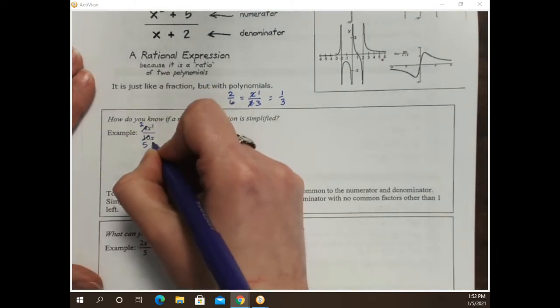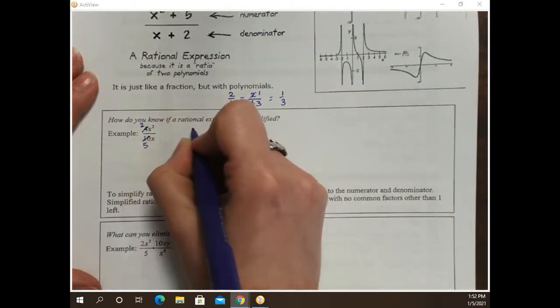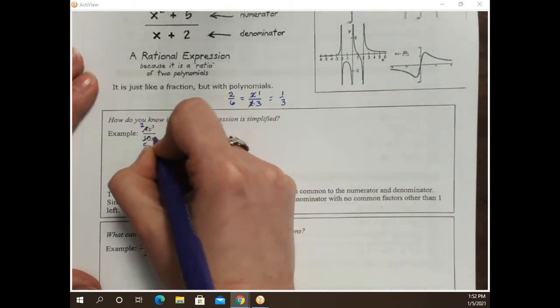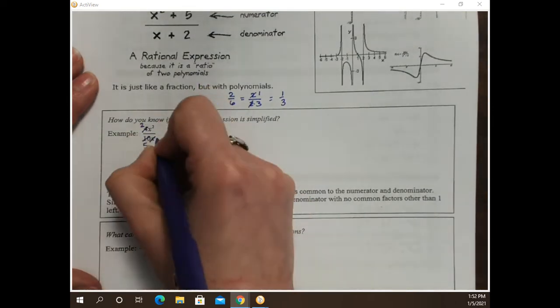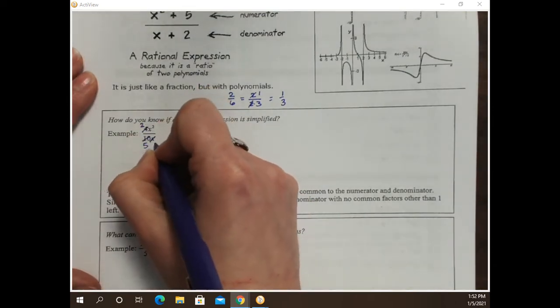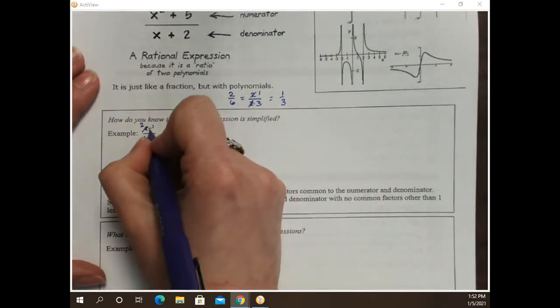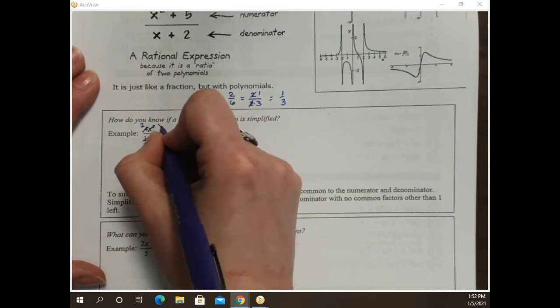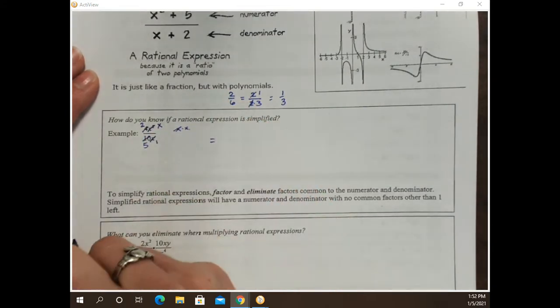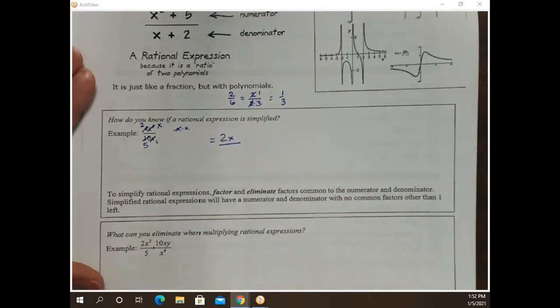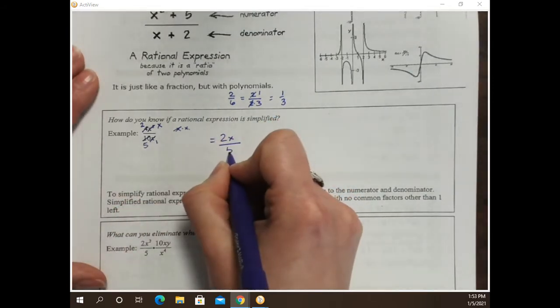X squared is x times x, so I can divide that factor of x out. Anytime I divide something out completely, it reduces to 1. It's not 0. It doesn't just disappear. It reduces to 1, and our x squared would reduce to x. So our simplified rational expression on top would be 2x, and on bottom would be 5 times 1, or 5.